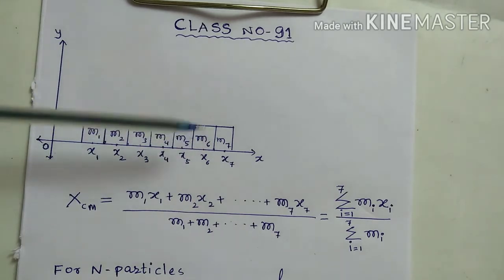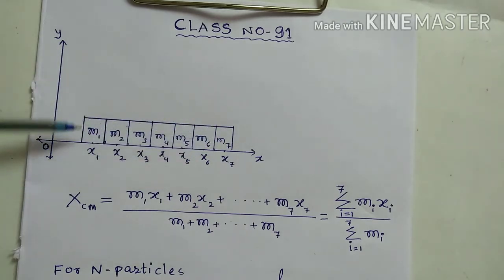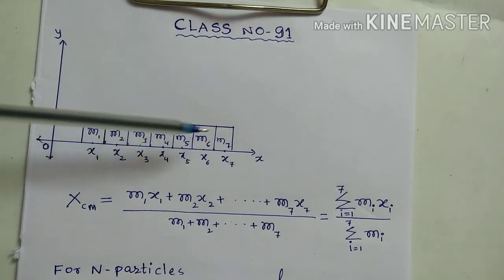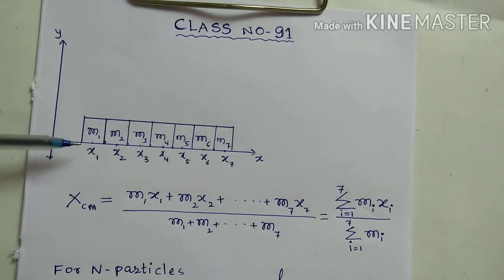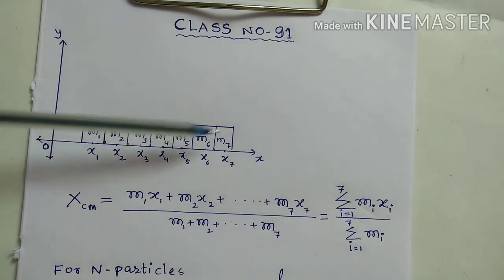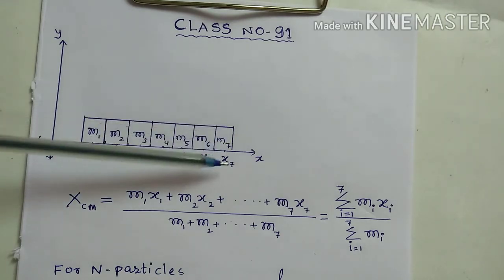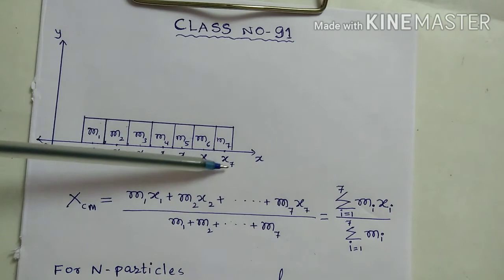So I cut this object into 7 parts. Each part's mass I have written. m1 is x1 distance from the origin, m2 is x2 distance from the origin, and so on. m7 is at a distance of x7 from the origin.